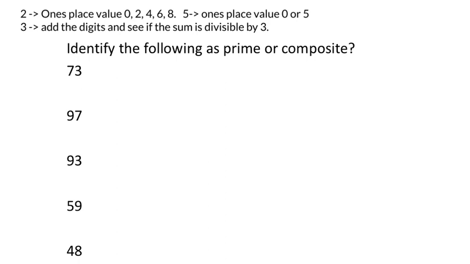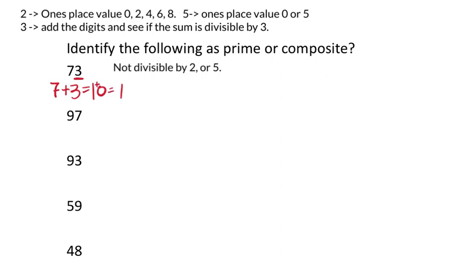Let's start with 73. So 73 in my ones place value here means that it's not divisible by 2 or 5. Okay, so we're going to take those numbers and add them together. That would be 7 plus 3, which is 10. Now, if you didn't know, 10 is not divisible by 3, but you could have added those numbers together to get 1.